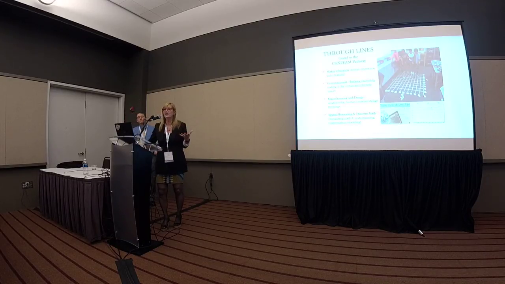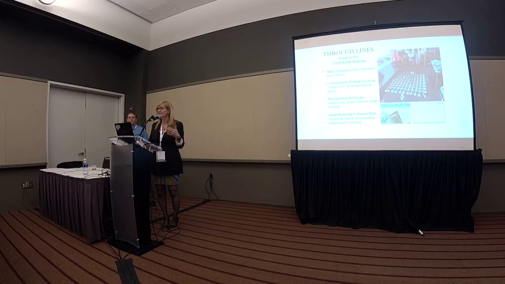Within this pathway, there are 4 distinct through lines, and we're really going to deal with spatial reasoning and discrete math today, and you can see how computer science really addresses those needs. The 4 through lines are maker education, artistic expression and creativity, which you can see in our lessons. Computational thinking, which is a problem-solving process, and you can see it through the coding, the virtual and physical space.